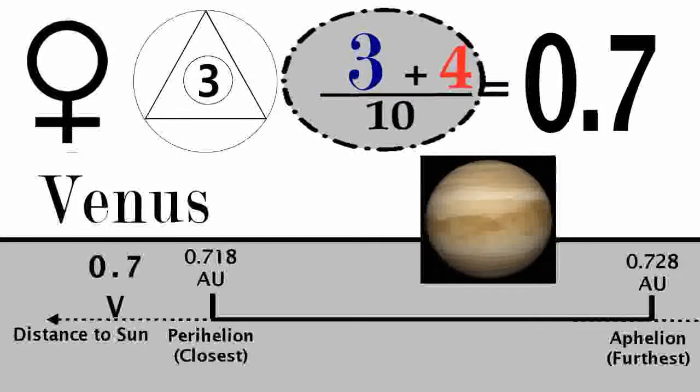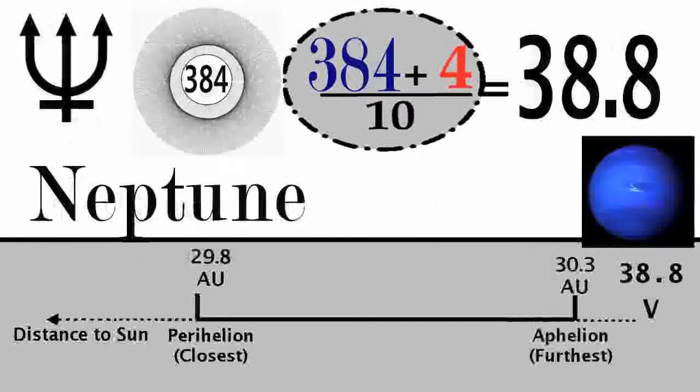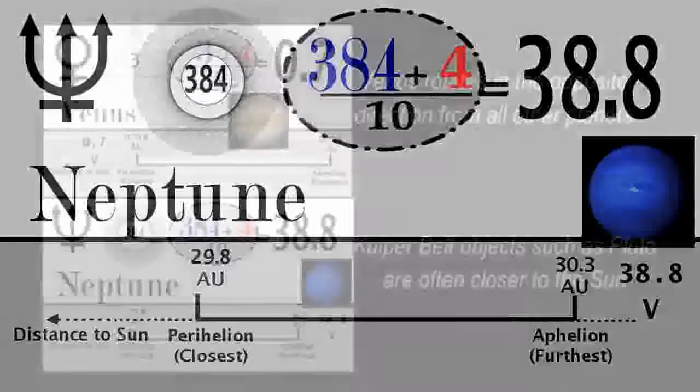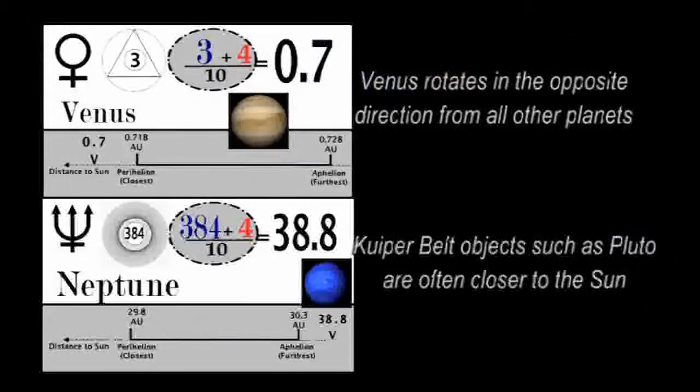There are interesting points regarding Venus and Neptune which go a good way to explaining why they would not fit. For instance, Venus is the only planet which rotates in the opposite direction to the Earth. All planets, just like the Earth, rotate in one direction, except for Venus. One of the reasons could be an impact in the past.